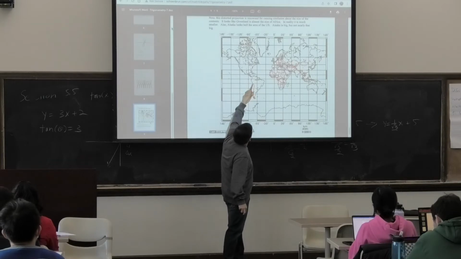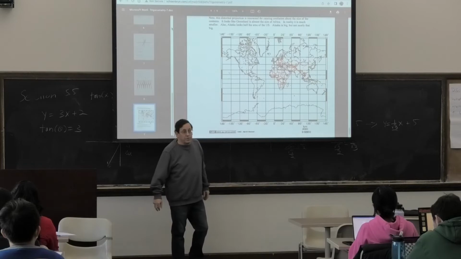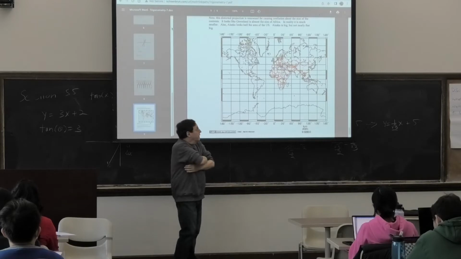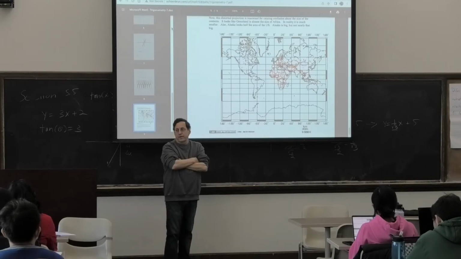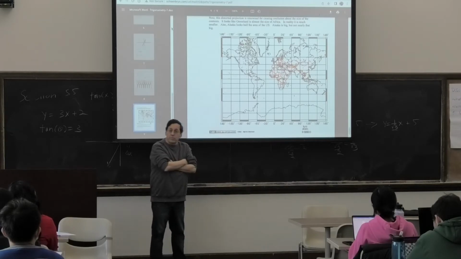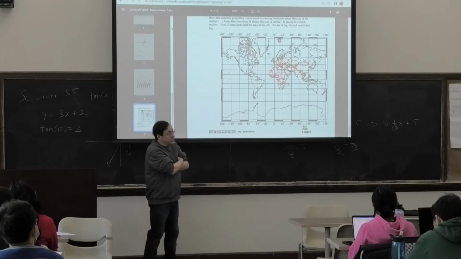Notice Greenland and South America are about the same size. I don't know how many of you studied geography in any detail. Greenland is not the size of South America, right? There's something funny about this picture. Okay? Anyone run into this? It's called a Mercator projection.